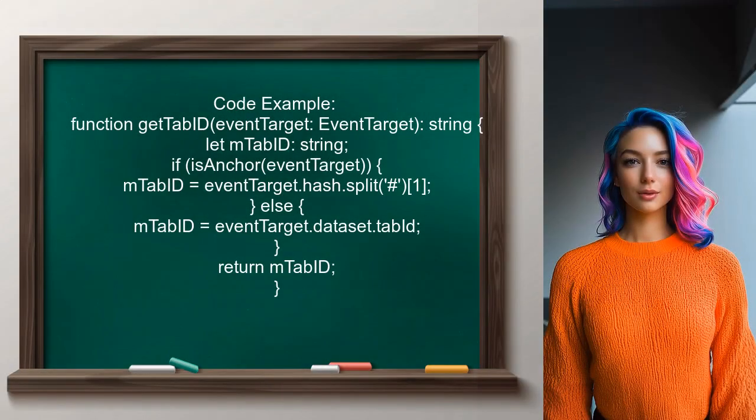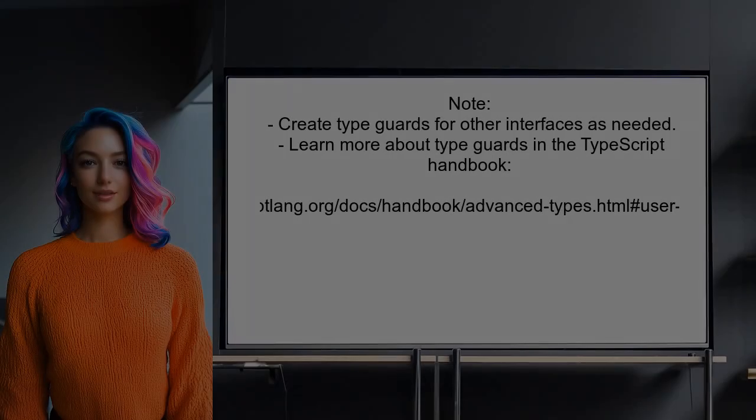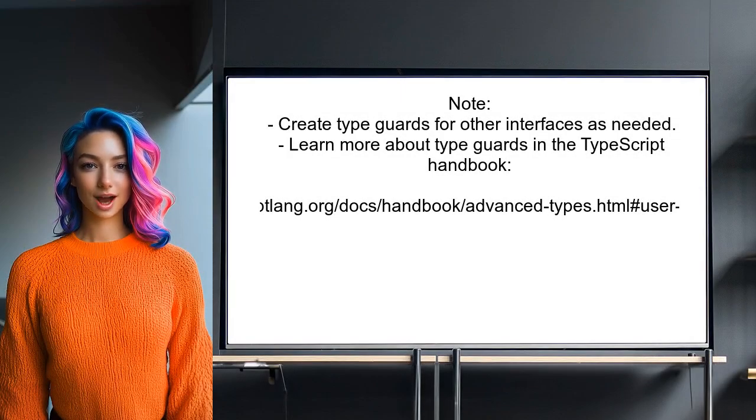In the getTabID function, they utilize this type guard to determine if the event target is an anchor. If it is, they access the hash property directly. Otherwise, they fall back to using dataset.tabed. The user also notes that you can create a type guard for the dataset interface if needed. For more information on type guards, they recommend checking the TypeScript handbook.